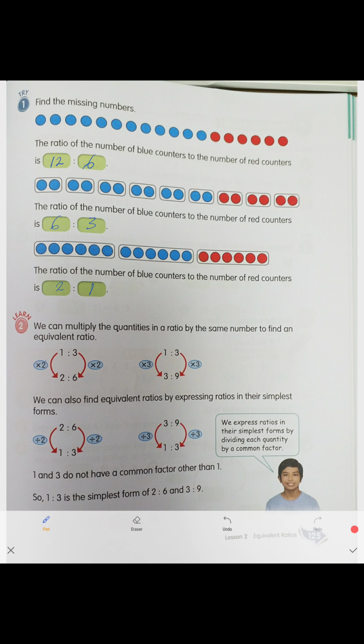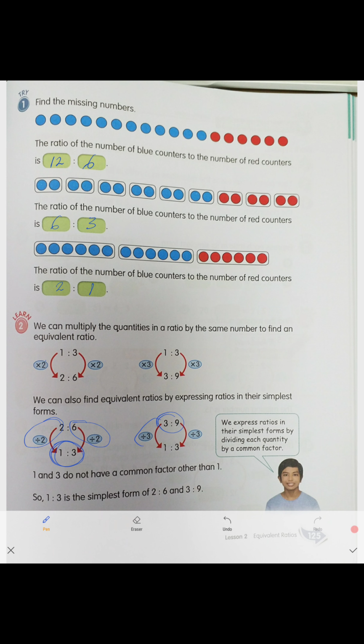The next thing they tell us is that we can also find equivalent ratios by expressing ratios in the simplest form. We express ratios in their simplest form by dividing each quantity by a common factor. Here, 2 to 6: each side is divided by 2 and we get our simple ratio 1 to 3.